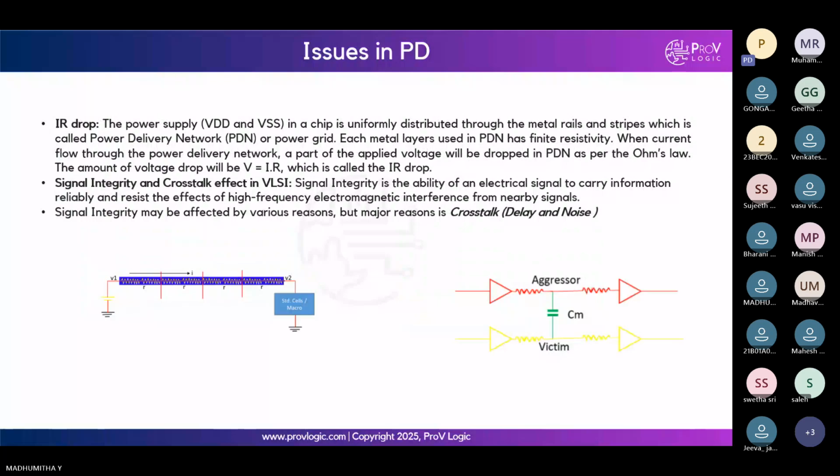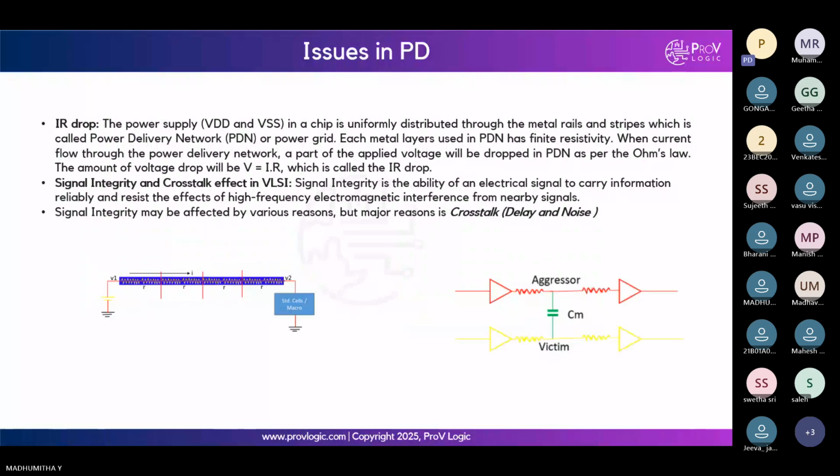If there are two nets or two metal wires carrying signals which are placed close to each other, a coupling capacitance effect will get created between those two wires, and a signal in one net might get affected because of the signal in the other net, because of which functional failures and also timing violations might happen in our design. So that is called the crosstalk effect.